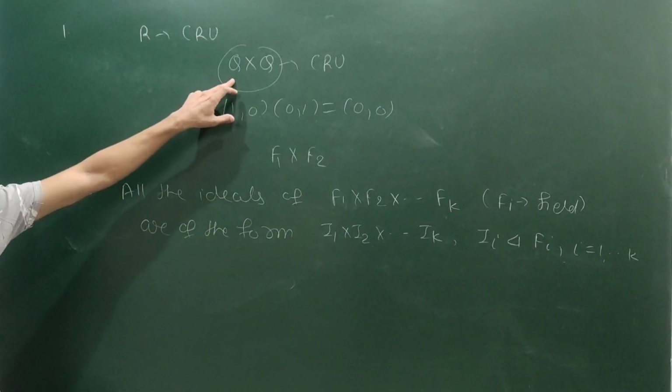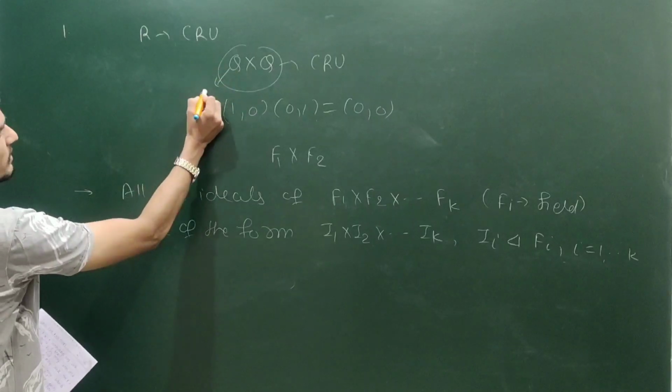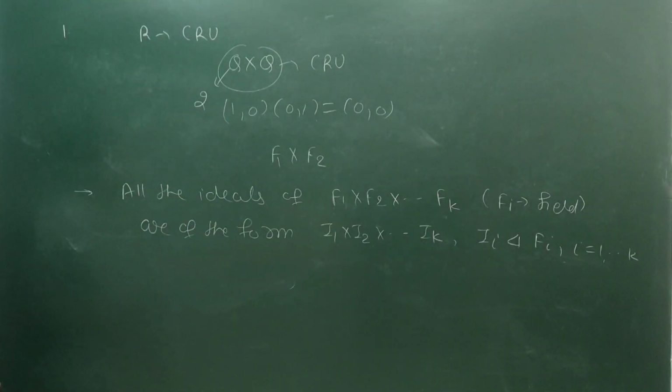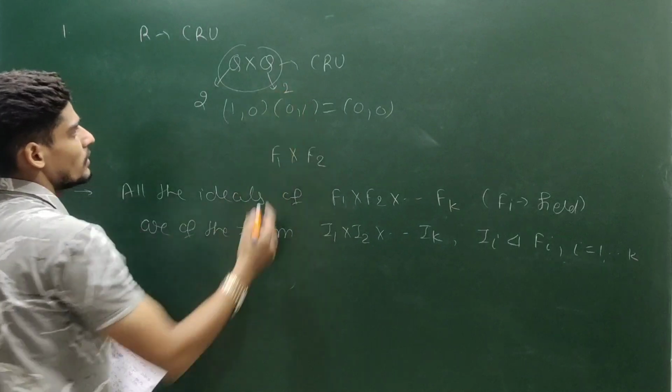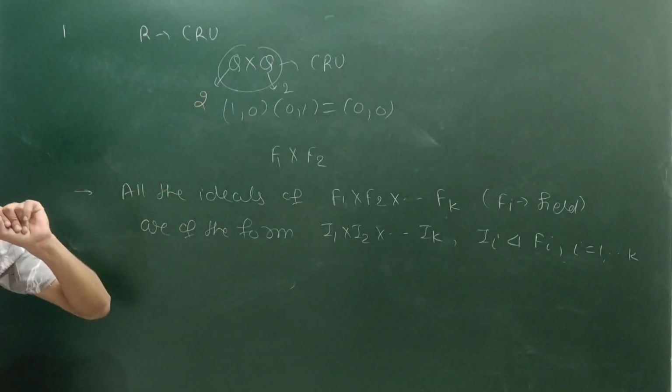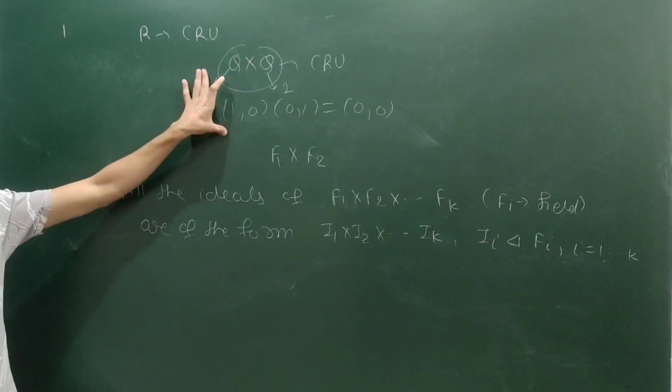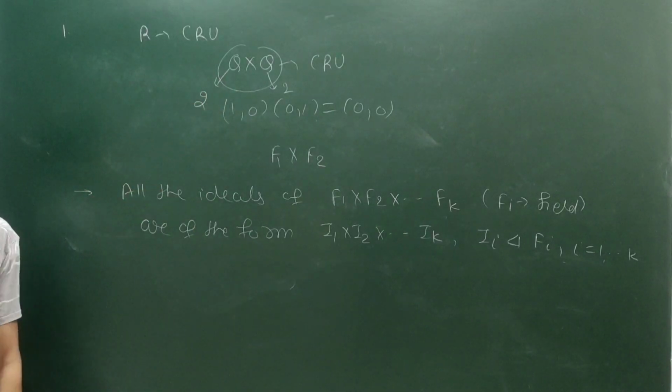For this structure, every field has precisely 2 ideals, the zero ideal and the ring itself. So it has 2 ideals, and in total 4 ideals, out of which 2 will be prime ideals.